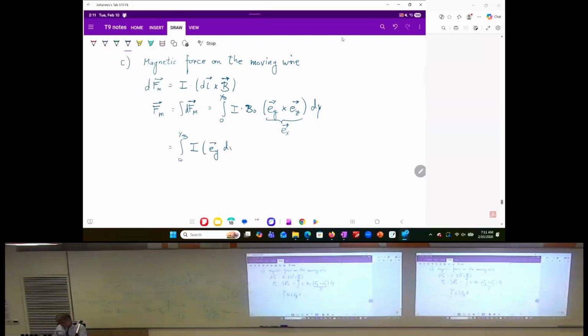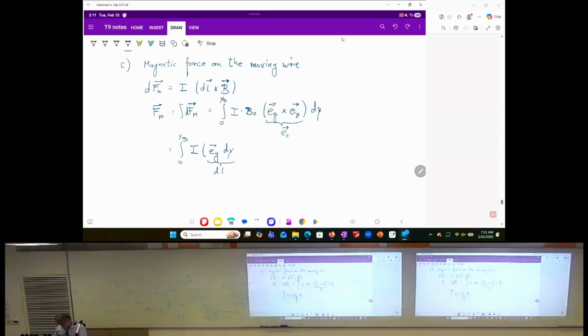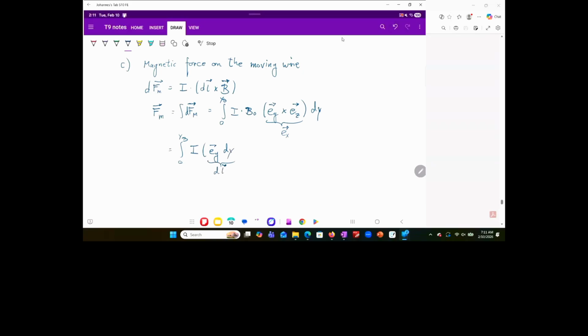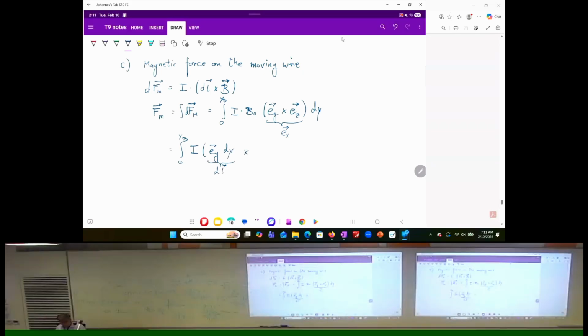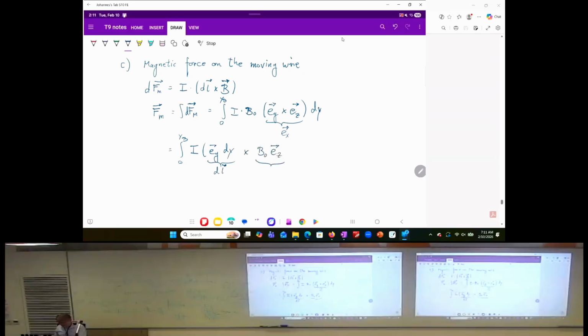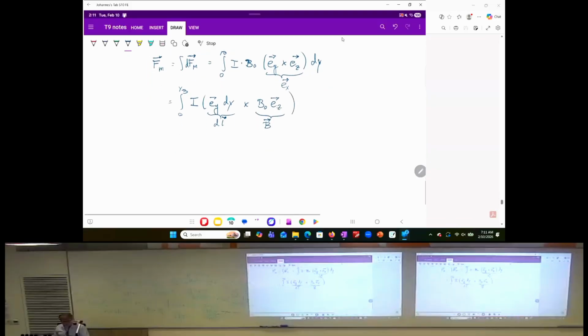So this is basically your differential line element dl, and you take here the cross product with your B field. So you obtain ex, and the I and the B can be pulled out of the integral.